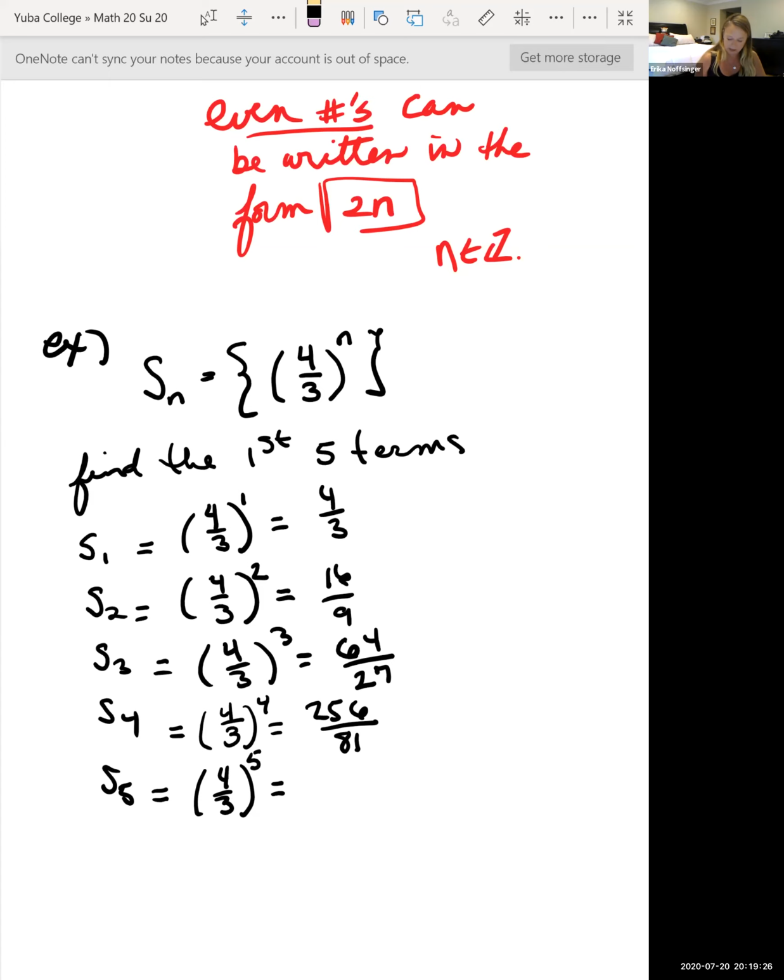I just want to make sure I did all my math right. 4 to the 5th is 1024, all over 3 to the 5th, which is 243. Okay, so we found the first 5 terms of that sequence.